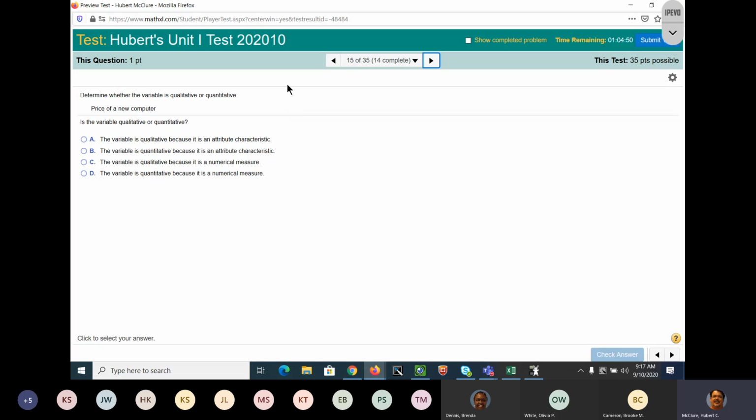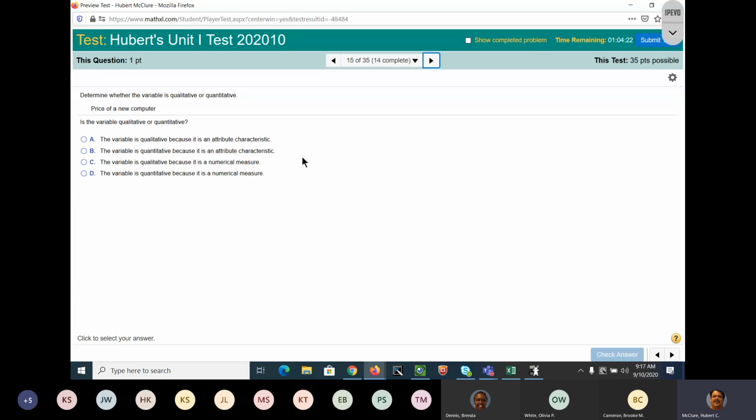Okay, here's a chapter 1 and 2 question. This is the one I told you that you're gonna miss. Determine whether the variable is qualitative or quantitative. Price of a new computer. It's quantitative. It's not blondes, brunettes, and redheads. Does the price of something have mathematical meaning?